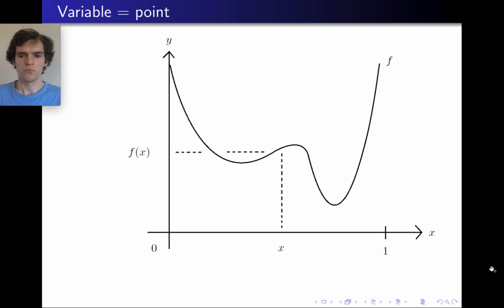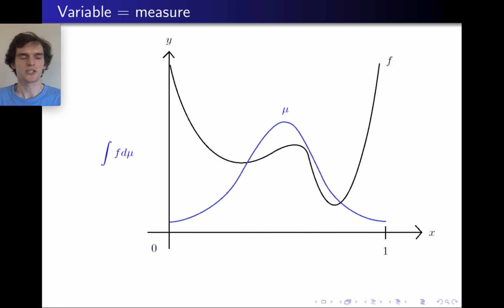The way that I like to view this moment approach is that instead of having a punctual variable, the variable actually becomes a measure. You can view this as a weighted average. Now when you evaluate your objective, you're using all the values of the function.